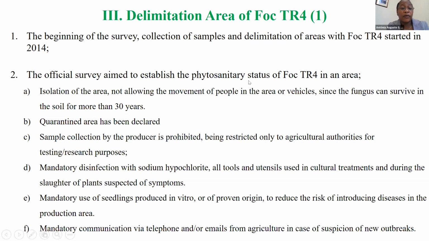Mandatory use of seedlings produced in vitro or of proven origin to reduce the risk of introducing the disease in the production area. And also mandatory communication by cell phone, telephone, or email to agriculture authorities in case of suspected new outbreaks.